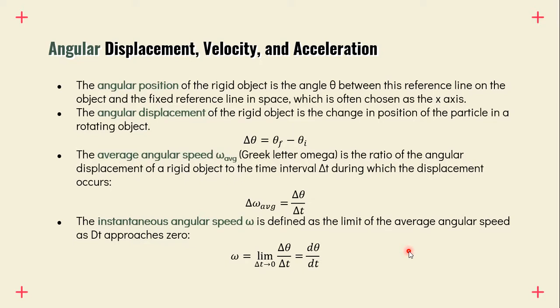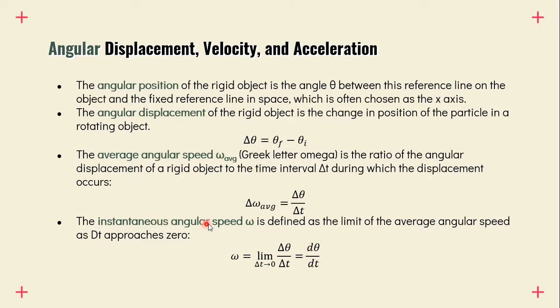The instantaneous angular speed, or the exact speed of the object at a certain time, is defined as the limit of the average angular speed as delta t approaches 0. So omega is equal to the limit of delta theta over delta t, which is equal to d theta over dt.